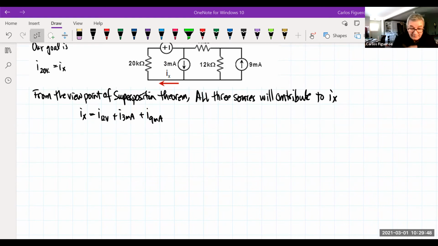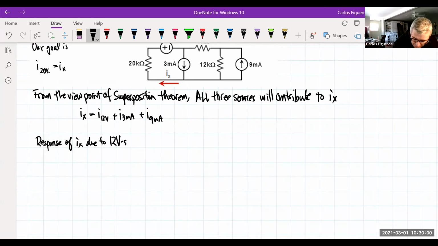I'm going to look at the response of IX due to the 12-volt source. So we know that there's a current that's going to be flowing at this point here. I'm going to take my circuit here, and I only want to look at the effect of the 12-volt source.